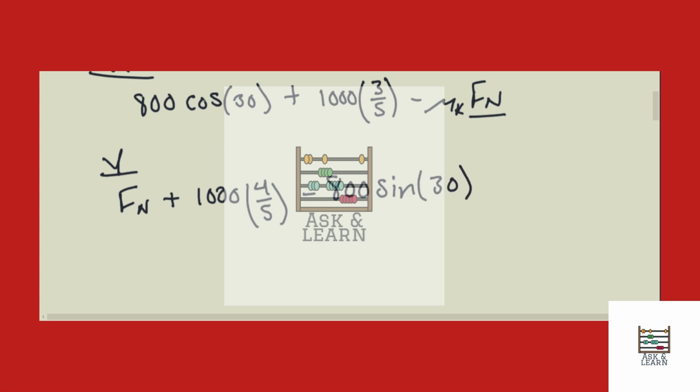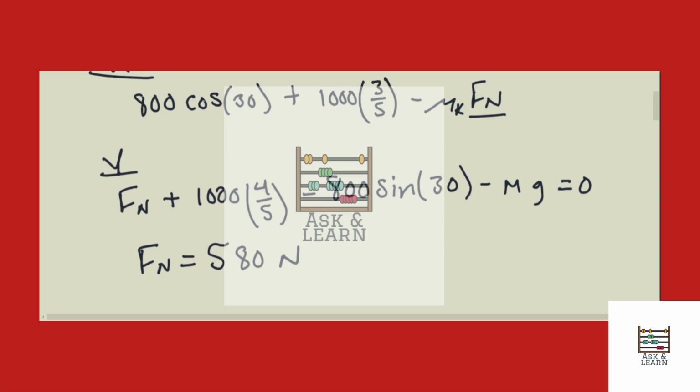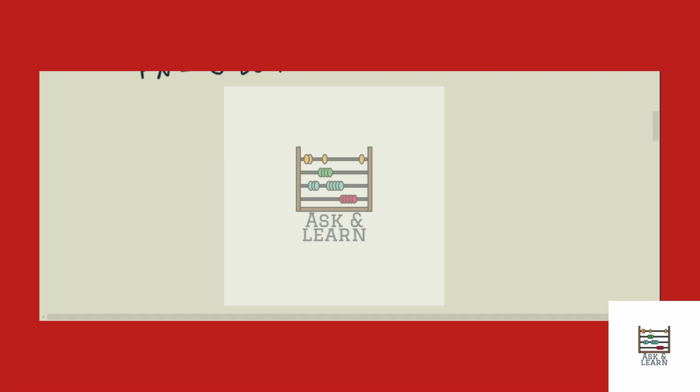Since the weight is pointing down as well, that's minus mg, where mass is given and gravity is 9.8. This is equal to 0 since there's no movement in the y direction. Plugging into the calculator and solving for F of n, we get 580 newtons.